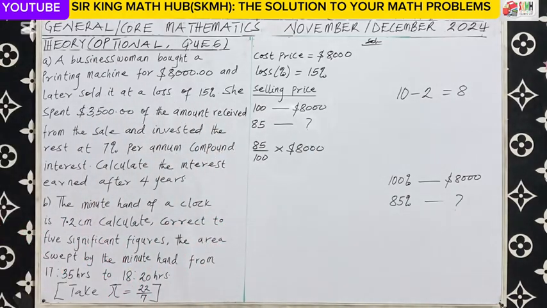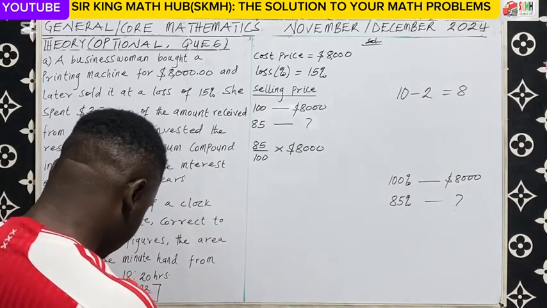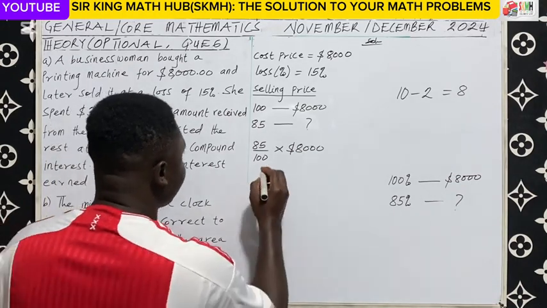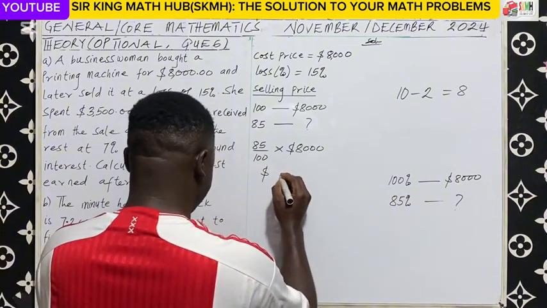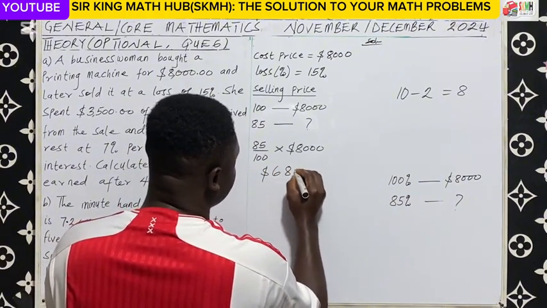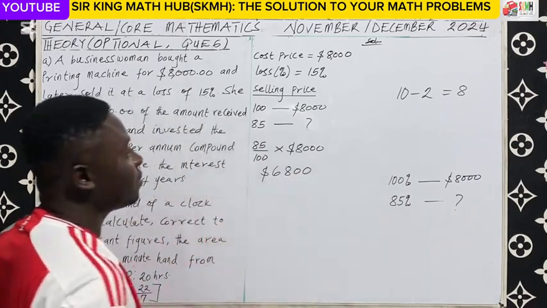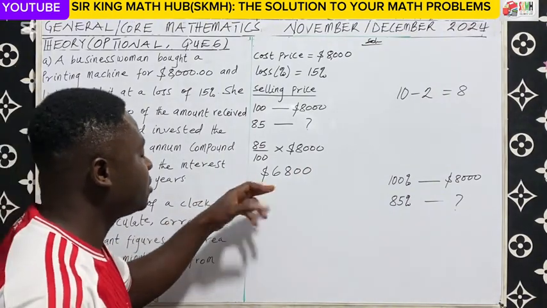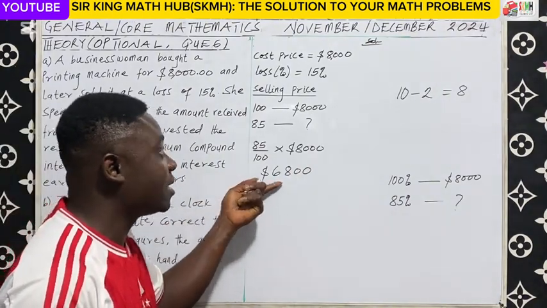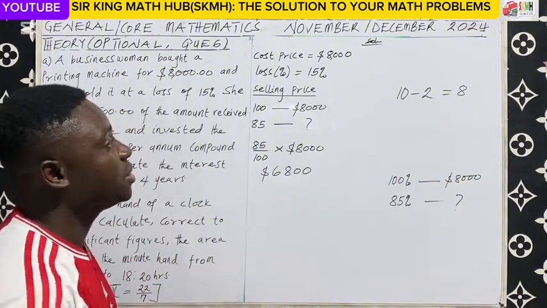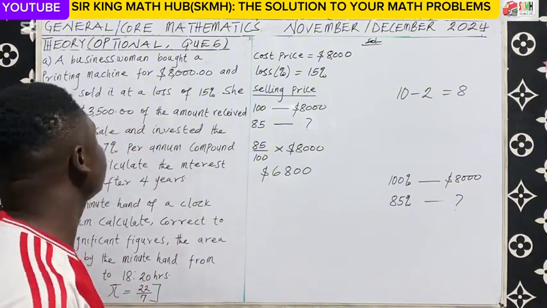So let's use our calculator. We have the selling price to be $6,800. So that is our selling price. So this is the actual selling price of the machine after the 15% loss was made.